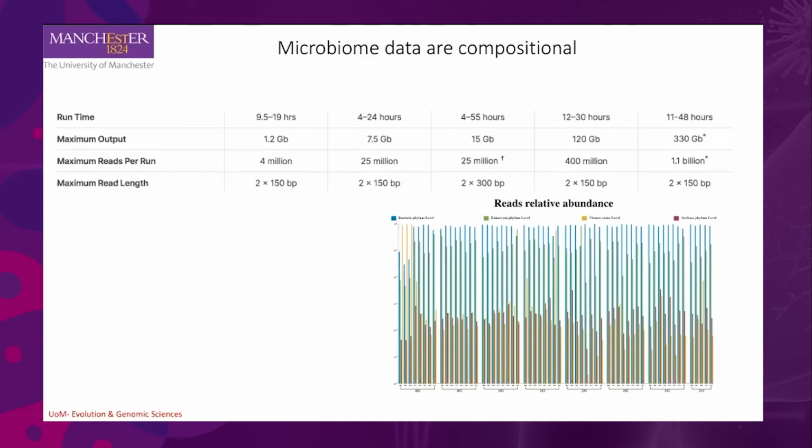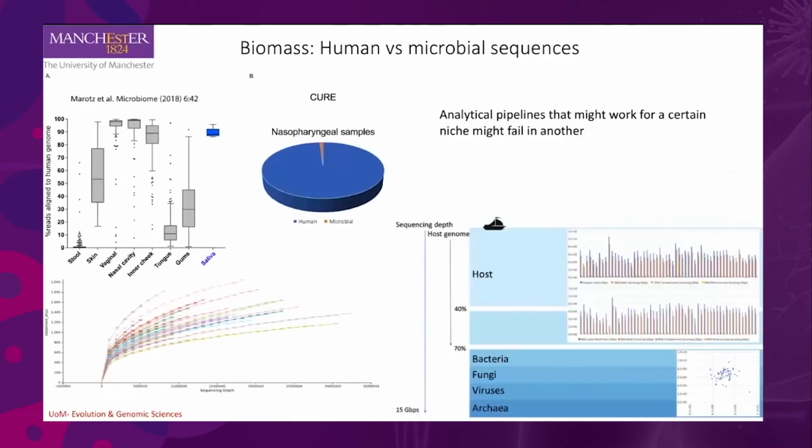Imagine that the microbial community or the microbial niche is, let's say, a lake, and we have a pint glass which has a certain capacity, and we just dip the pint glass in the water and get a certain fraction out of the water, and we just hope that the composition of microbes within the pint glass is similar to the actual composition of the microbial community in the lake. So that's the major problem in microbiome data.